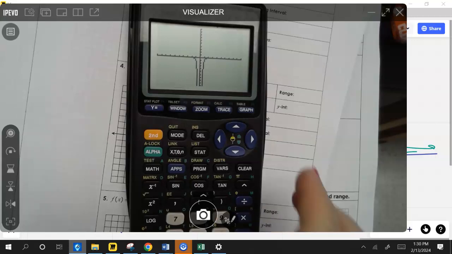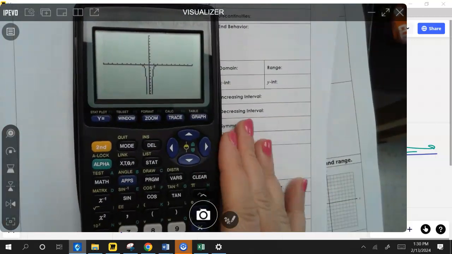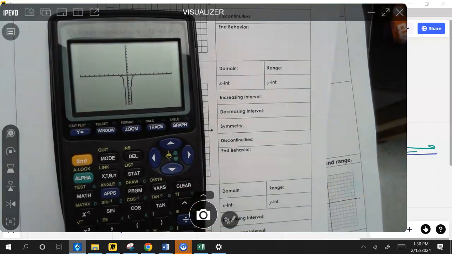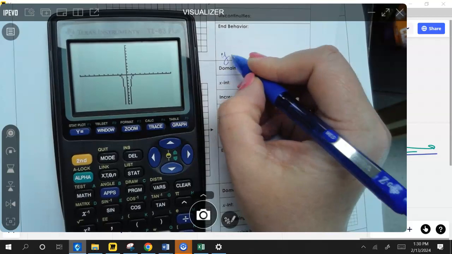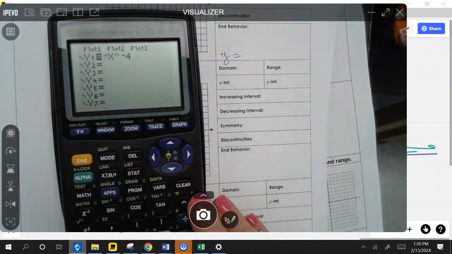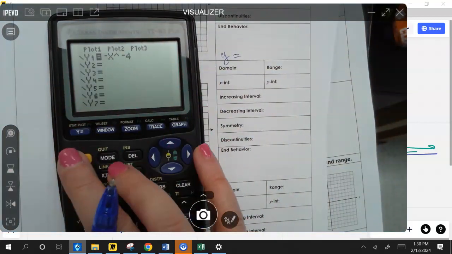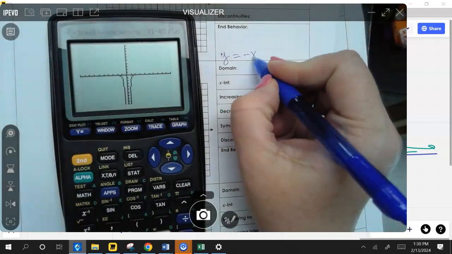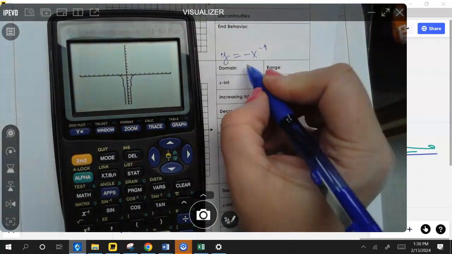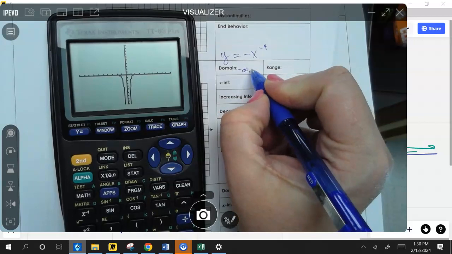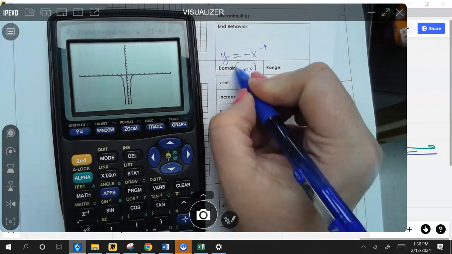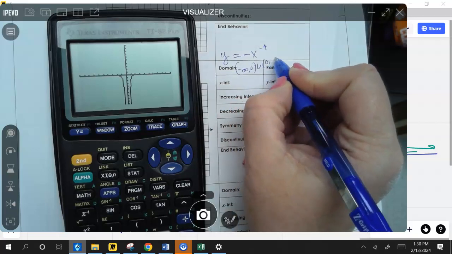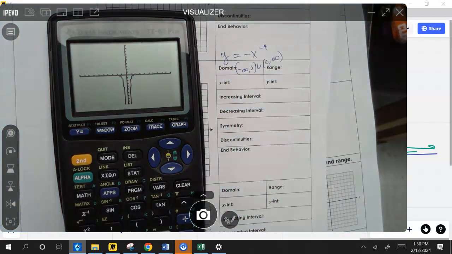That's exactly right. I'm going to write this little analysis right here beside it. This is y equals negative x to the negative 4. So we said negative infinity to 0, and 0 to infinity.